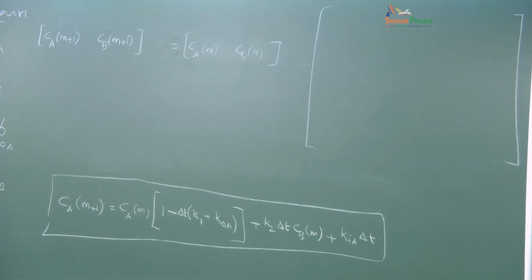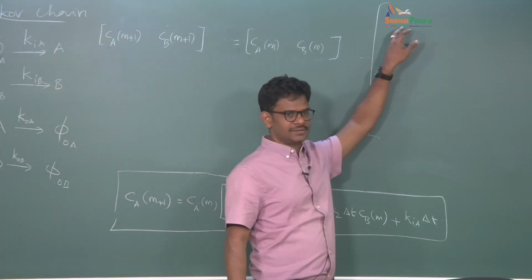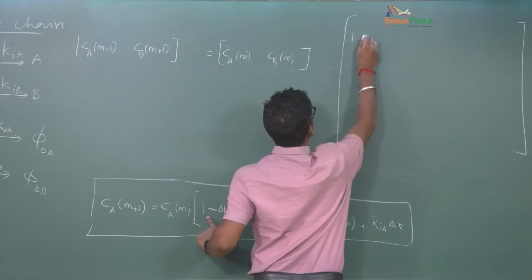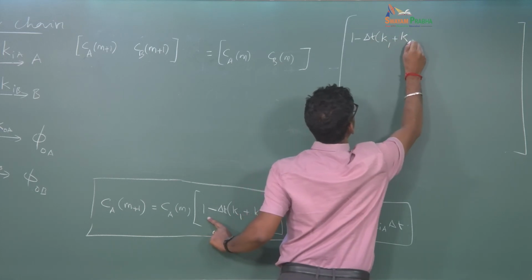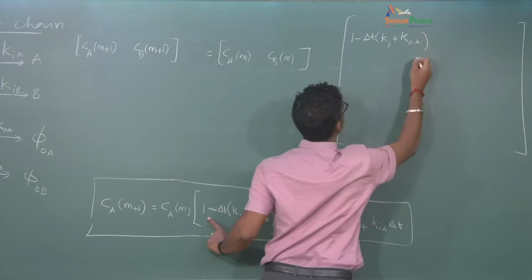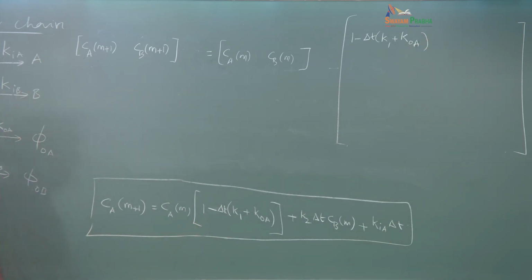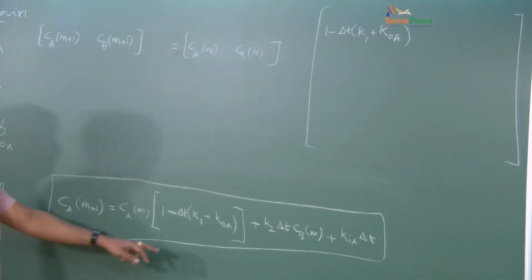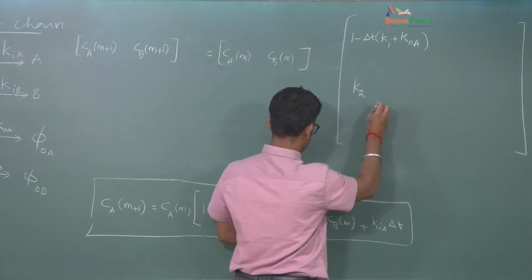Can you help me with the elements of the transition matrix? So what should be the first one? 1 minus delta t (K1 plus KOA), right? Then this element is K2 delta t.